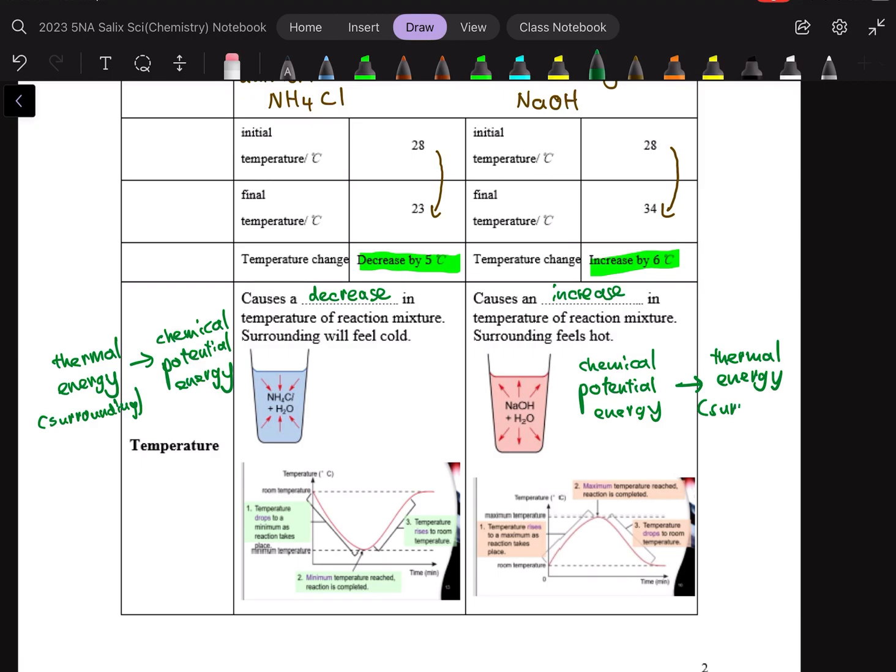So that's why you experience a rise in temperature. Wait, let me write it neater.